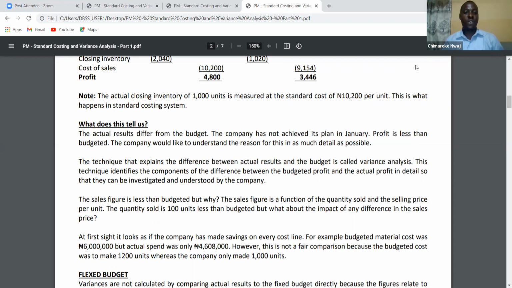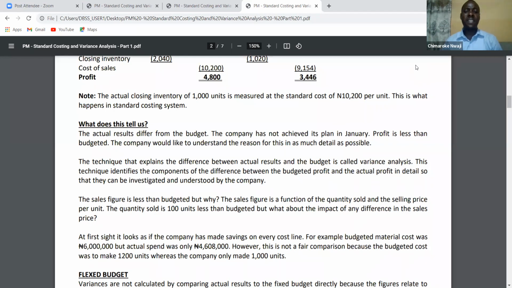We now looked at the costs and we say, oh, our actual cost is cheaper than the budgeted cost. And we saw the example here of material. We budgeted to spend 6 million naira, but here we are spending 4,608,000 instead of 6 million.